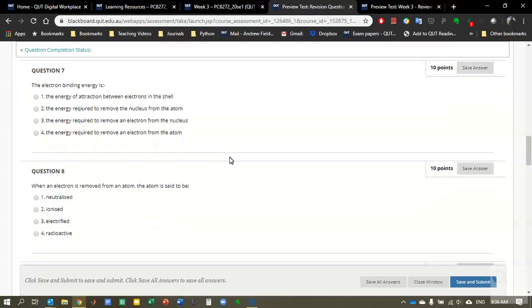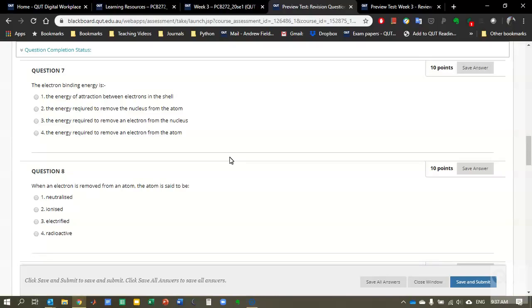Question 7, the electron binding energy. How do we define this? Okay. So remember all the electrons are bound to the atom and it's in a stable state. And to remove an electron requires energy. It takes some energy to remove that electron, because of the binding force that it experiences when it's in the atom, in the orbital.